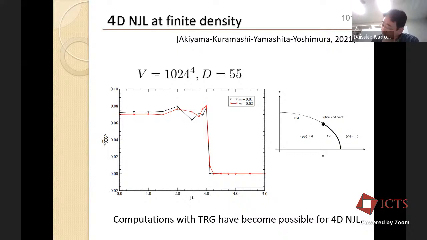But in TRG we can calculate physical quantities for various parameters, and so I think we can choose a parameter to study critical endpoints in the TRG calculation.